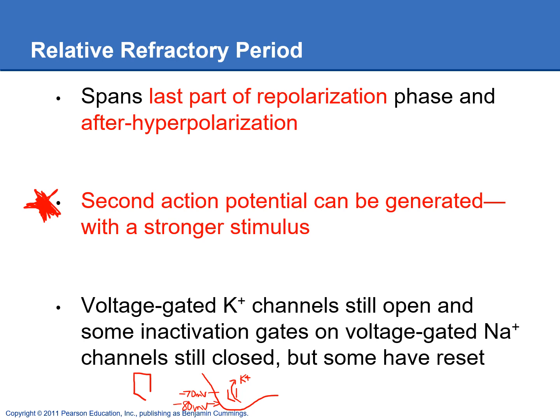To get all the way up to the minus 55 millivolts threshold, you've got to let in a lot more sodium ions than normal. So you've got to have a lot bigger stimulus than normal. You've got to open up a lot more ligand-gated ion channels to get all the way up to threshold. That's why you've got to have a bigger stimulus than normal to get an action potential going in the relative refractory period, because you've got a lot further up to go to get to the threshold.